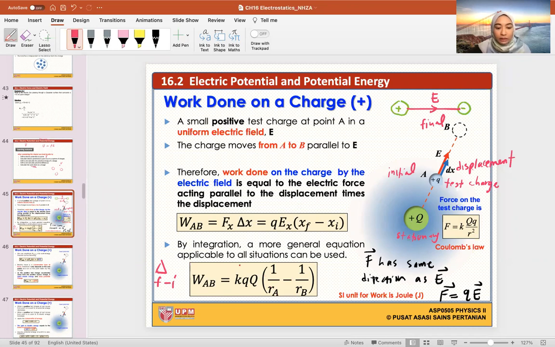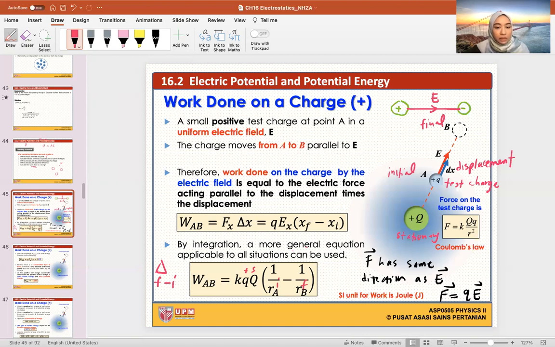This is the equation with kQq, where q is the first charge, maybe the test charge, and Q is the source charge. RA is your initial point, RB is your final point. So this equation is reversed. Delta is always associated with final minus initial, but this equation is not about delta.